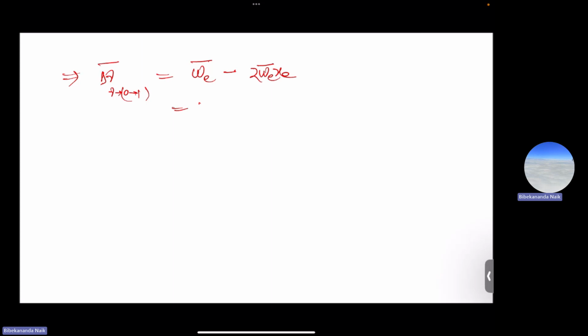So it will be 1580.6 minus 12.06 into 2 centimeter inverse, which is 1556.48 centimeter inverse.